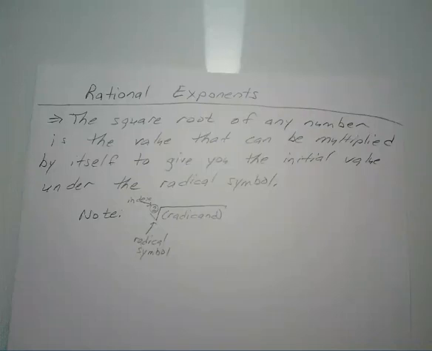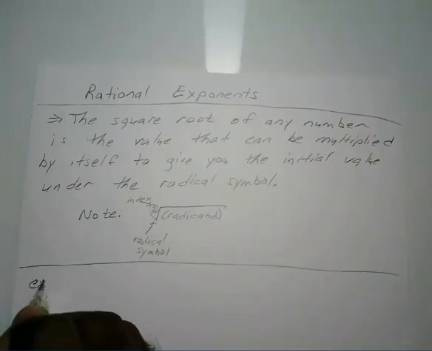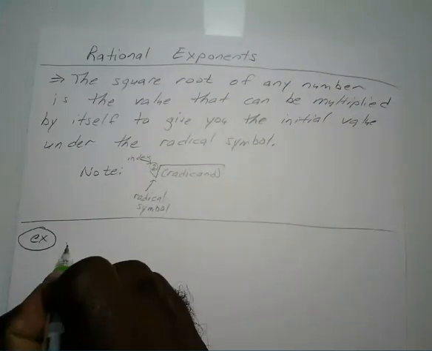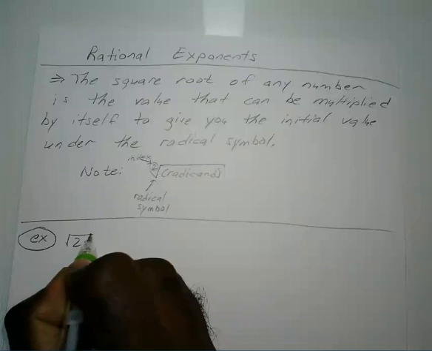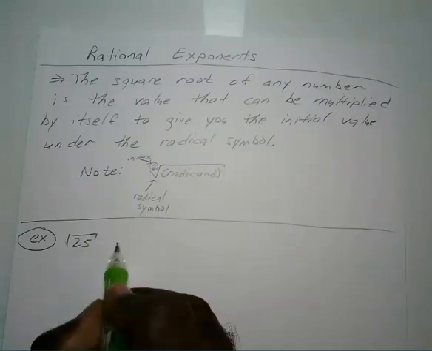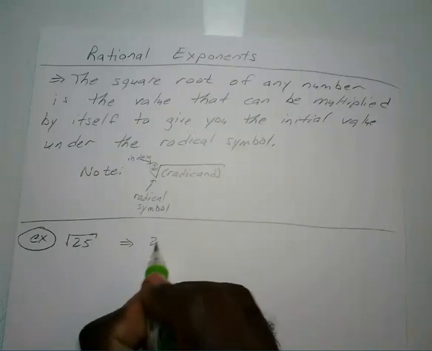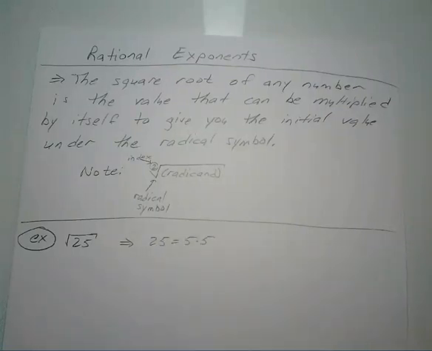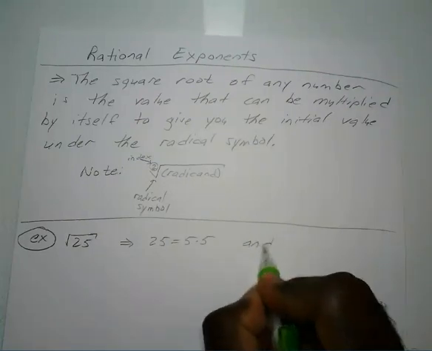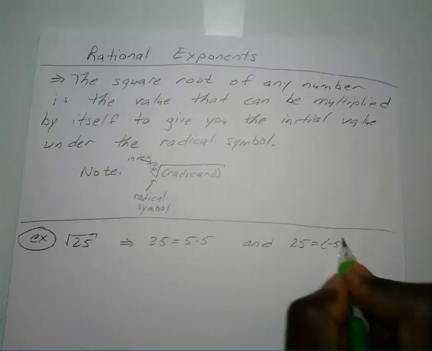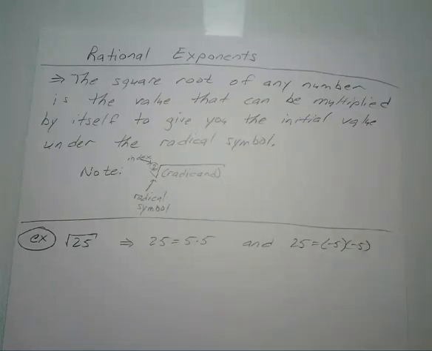Alright, so let's say, for example, you wanted to find the square root of 25. We know that 25 is equal to 5 times 5, and we can also see that 25 is equal to negative 5 times negative 5.